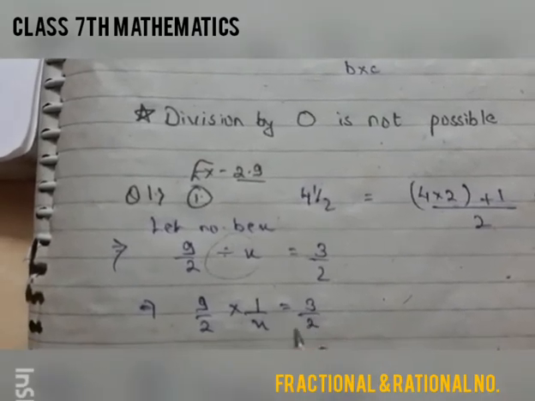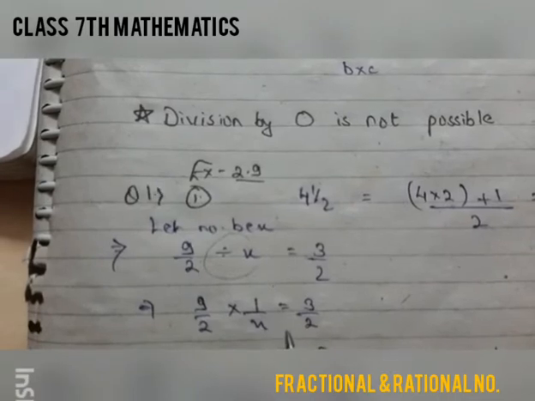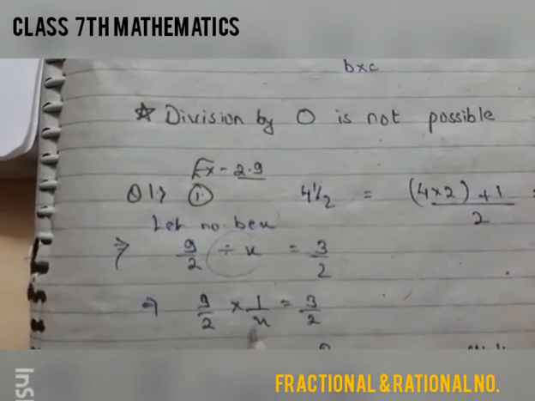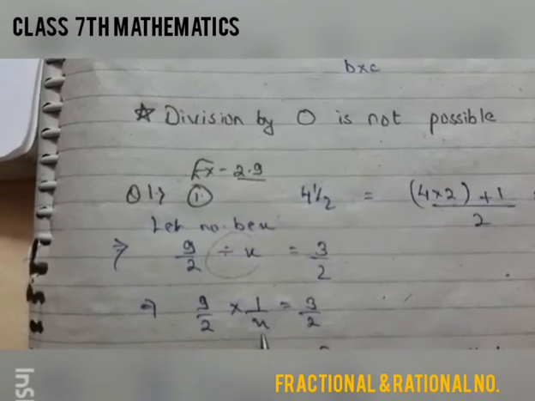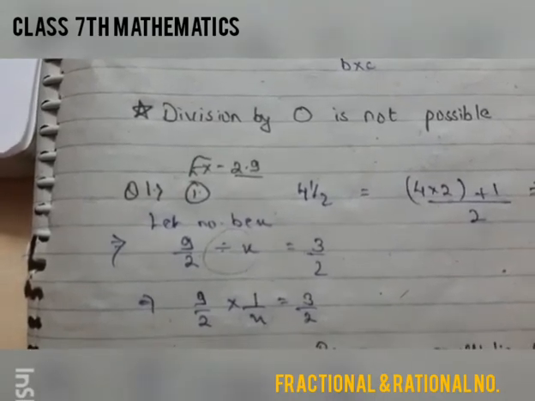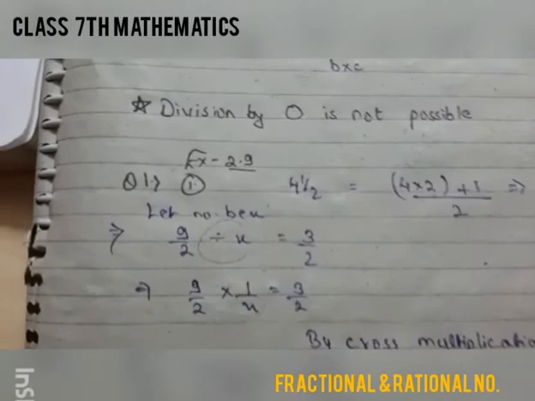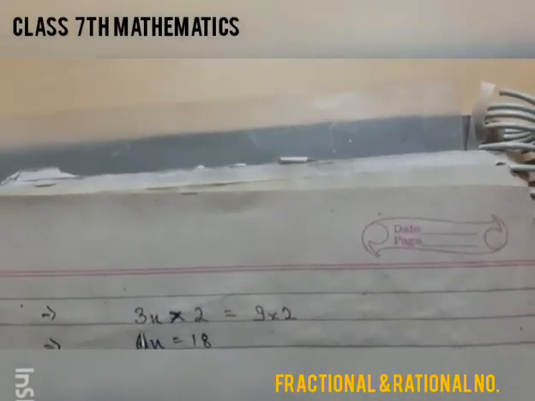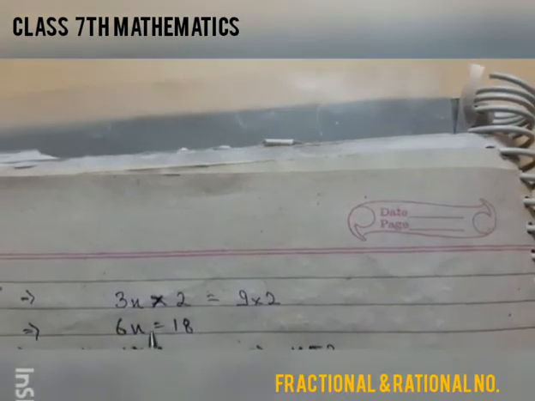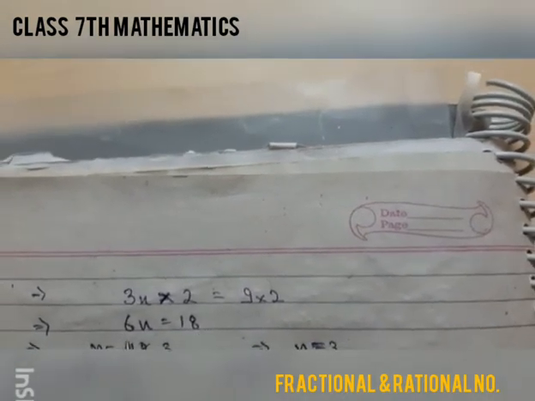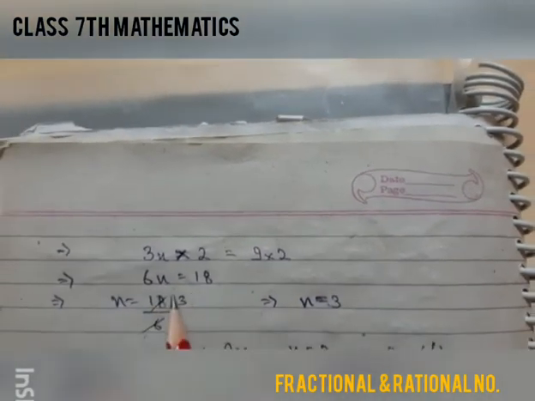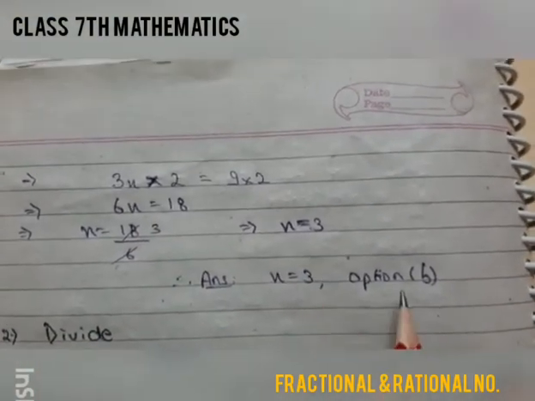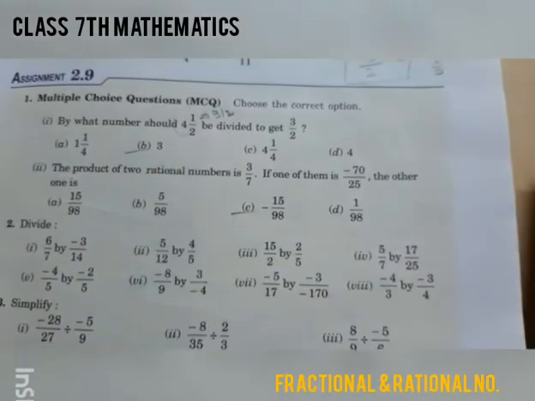That is, we will keep the x on one side and all the other values on the other side. That is 3x into 2 equal to 9 into 2. Now 2 into 3 is 6x. 6x is equal to 18. Transfer the terms. So x equal to 18 upon 6. The answer will be 3. That is your option number B.